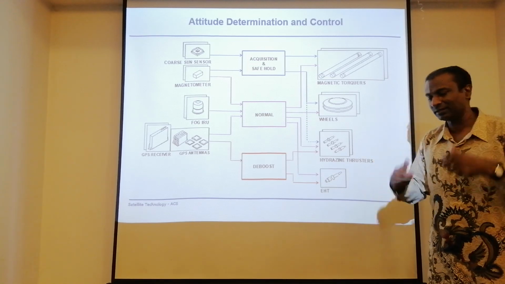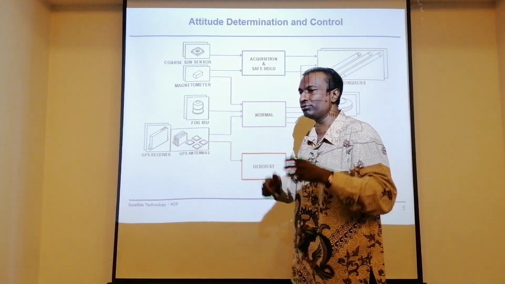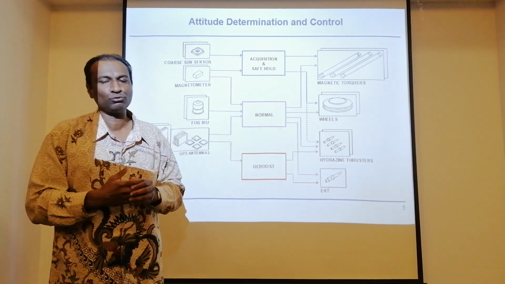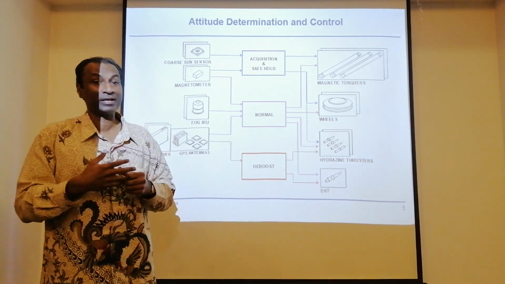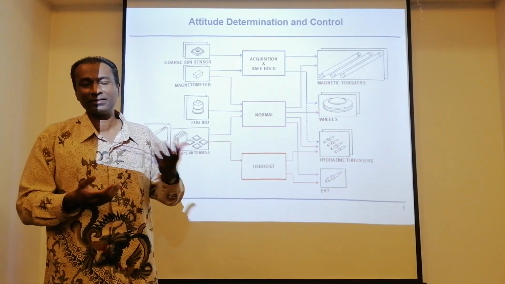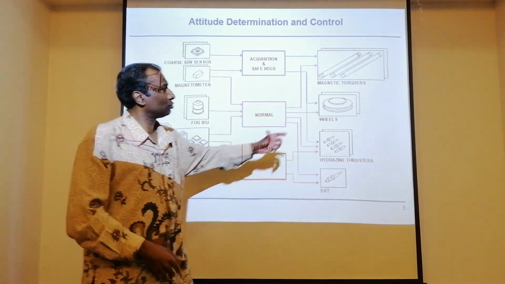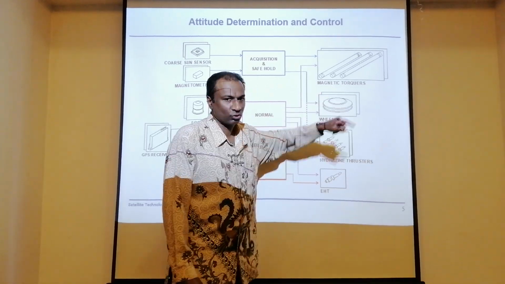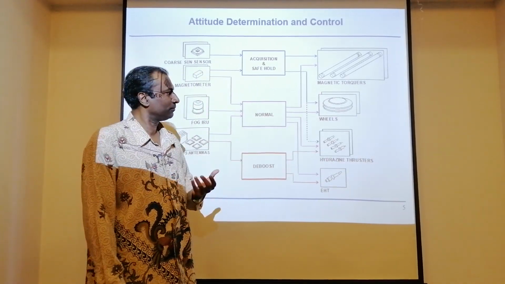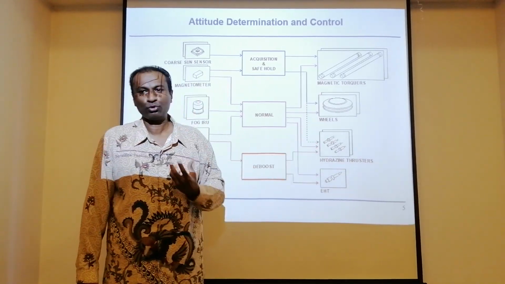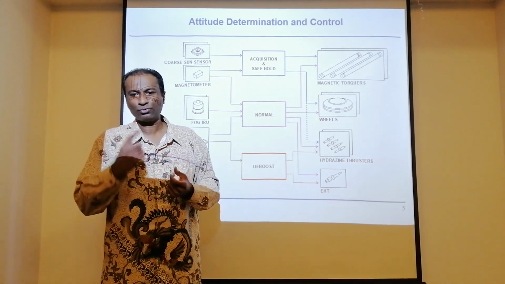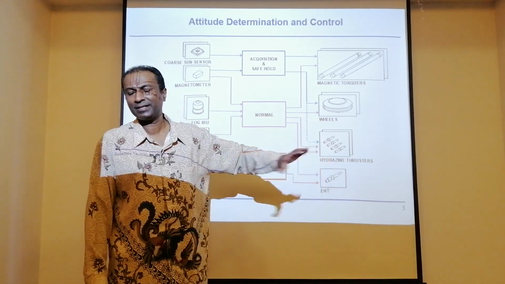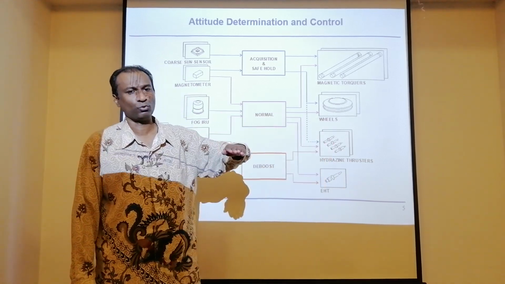When they react, technically speaking, you should be able to induce the torque. Of course, there are formulations for how to induce the torque, which you are exposed to in subjects like spacecraft dynamics and control. So this actuator gives us the torque. It is also called torquer because it gives us torque. The wheel is also going to give us torque. So rotational motion is taken care of, and the thrusters are going to take care of the translation motion.